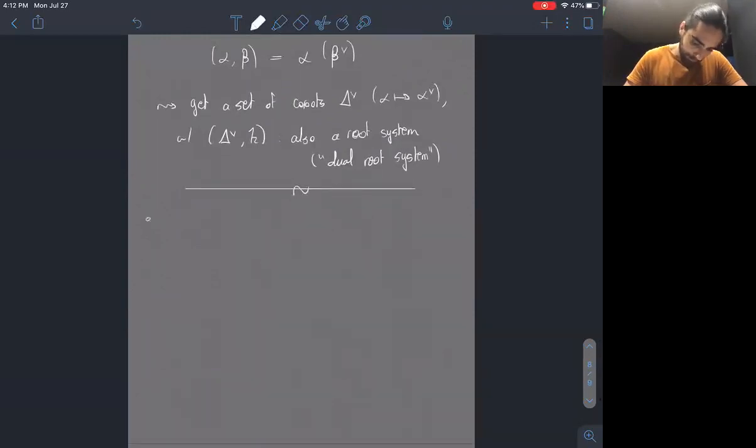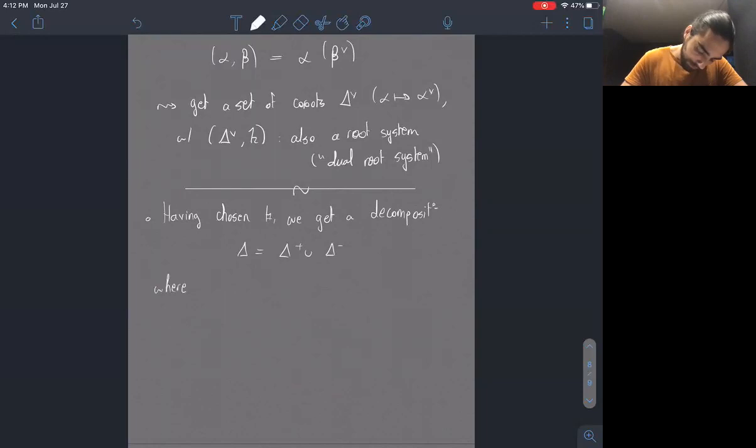So the first thing to note is having chosen a Borel B, we get a decomposition of the set of roots into two parts, positive and negative roots, where delta plus consists of those roots appearing in the decomposition of B into root spaces.